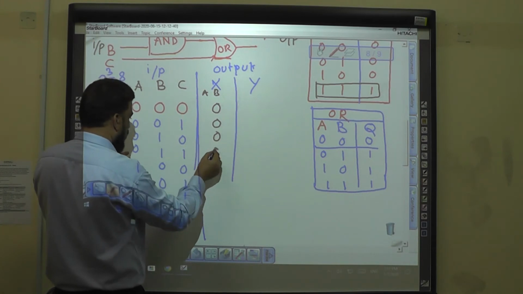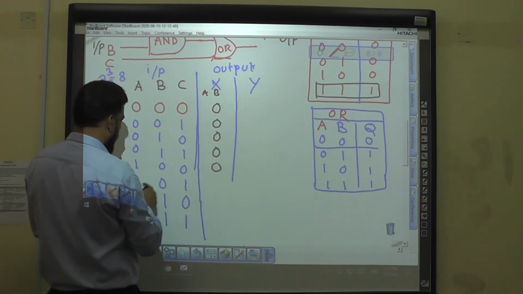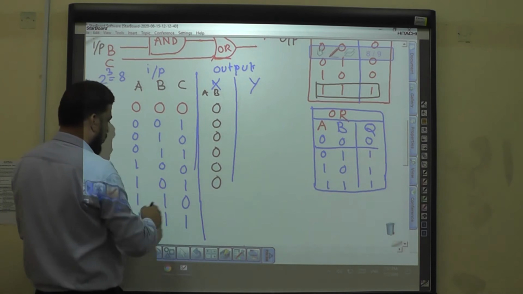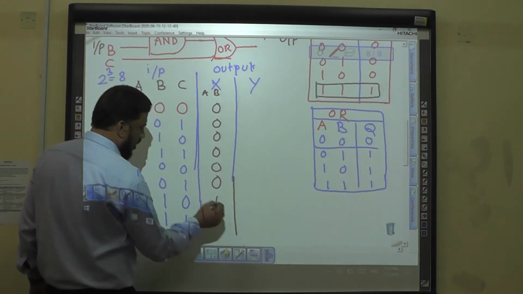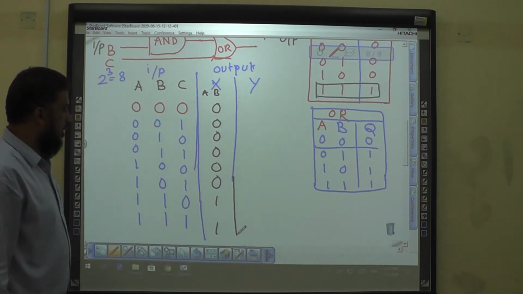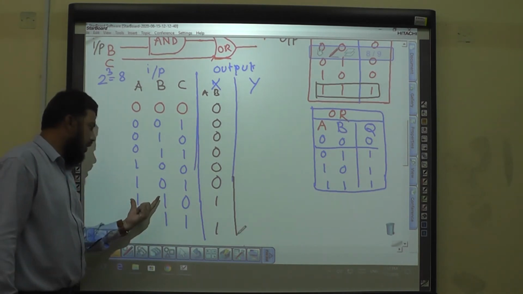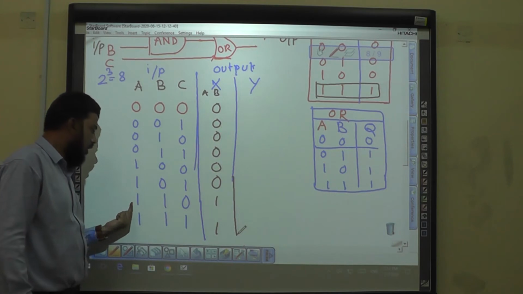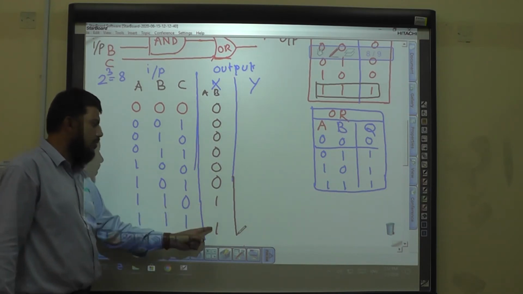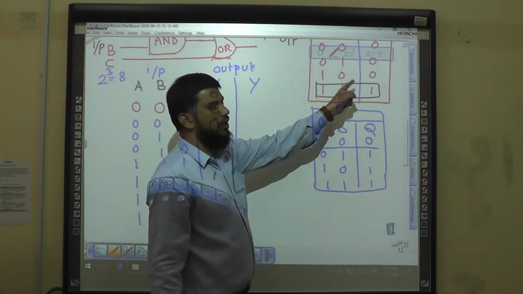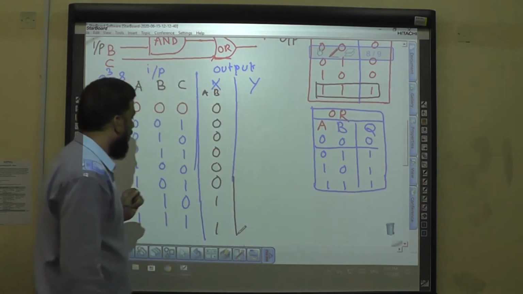Here also 0. Here also 0. Here also 0. But in these two cases, we have the output as 1. Why? Because the values of A and B are high, 1 and 1. So the output will be high according to this truth table.